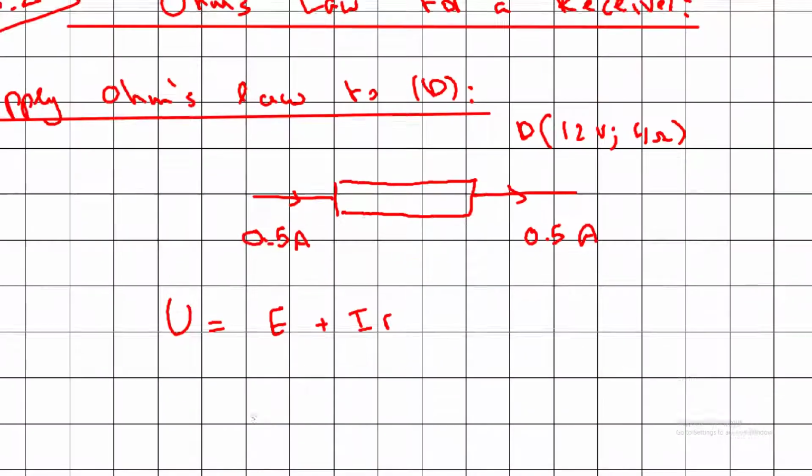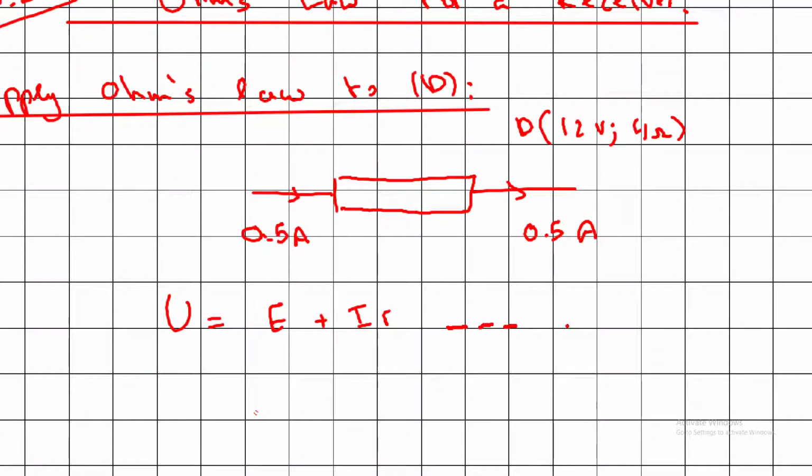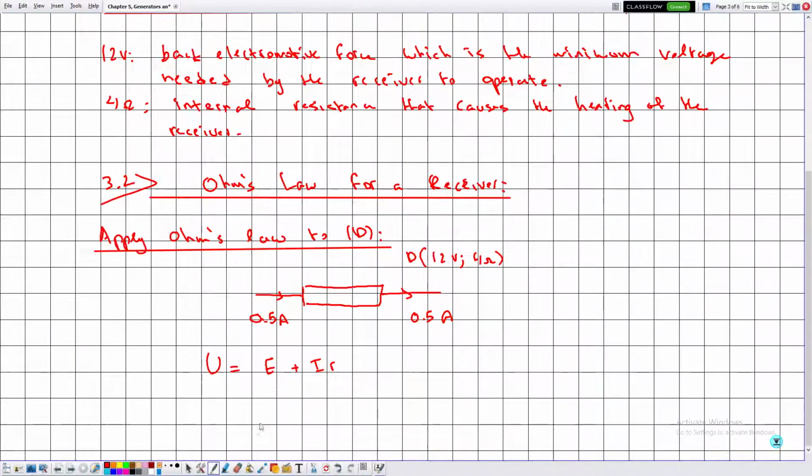If you want to compare, this is for a receiver, and for the generator, simply this plus sign will be a minus sign, then it will be given by E minus IR. So this is for a generator, because it is generating electricity, so the power delivered by the generator is being dissipated. For this reason we have the minus sign. For a receiver, because the voltage is being gained, here we have a plus sign.